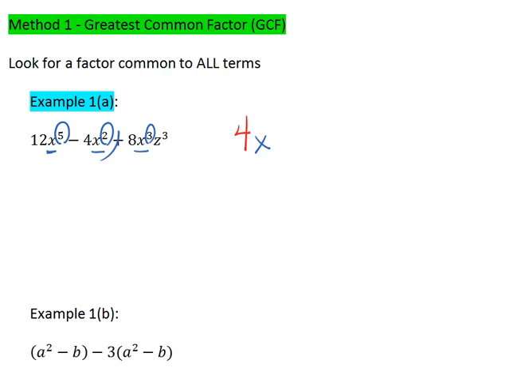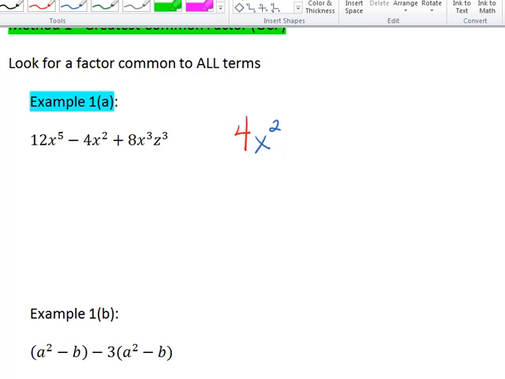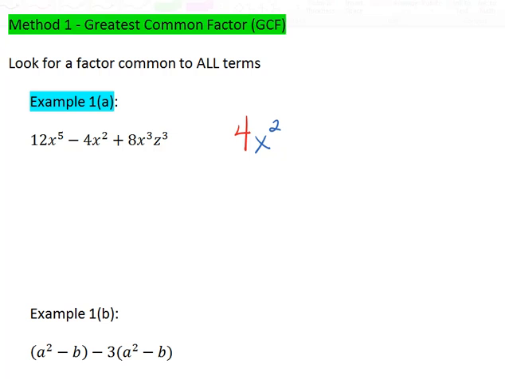Since 2 is the lowest, we can factor out at least 2 x's from each term. Lastly, we see that z is also a factor in the terms, but it's only a factor in the last term. So z will not be able to factor out of every one of these terms. Therefore, our greatest common factor of this polynomial is 4x squared.